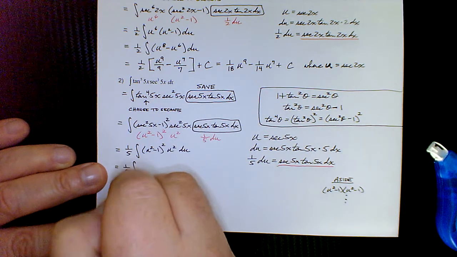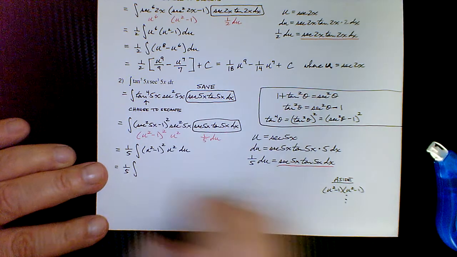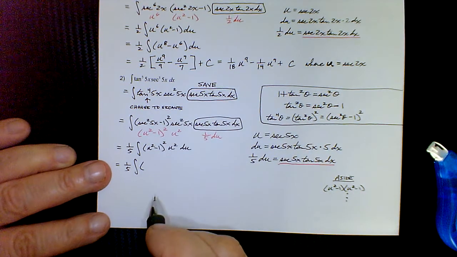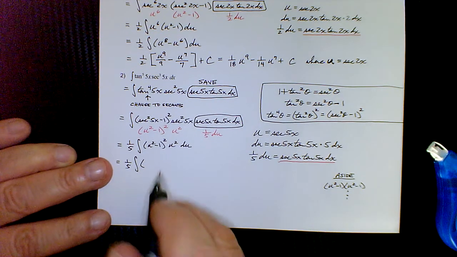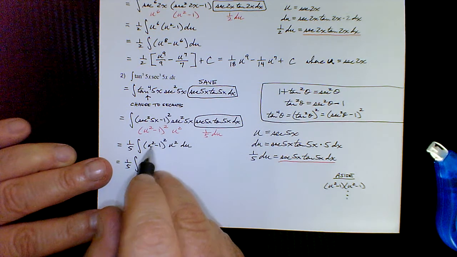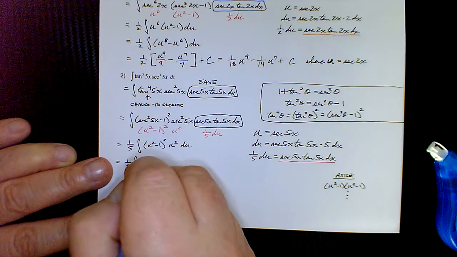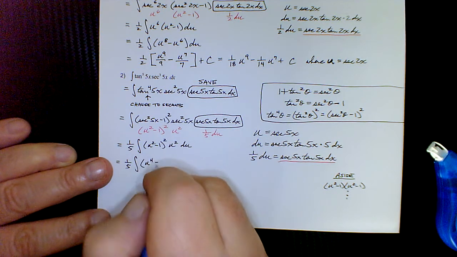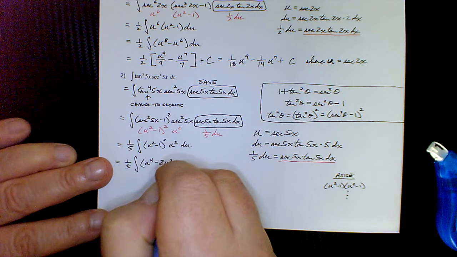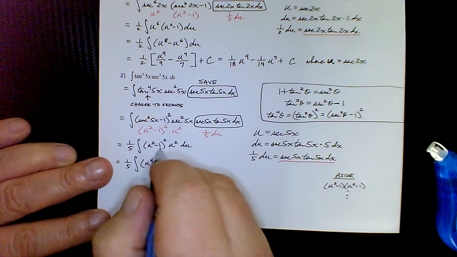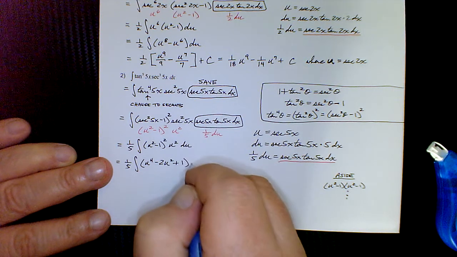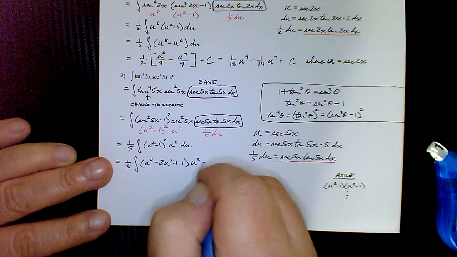But if you like to use the shortcut method, it's a nice method to have in your repertoire. Square the first, u squared squared, u to the fourth. Twice the product, 2 times u squared times -1, minus 2u squared. Square the second, squaring -1, +1.